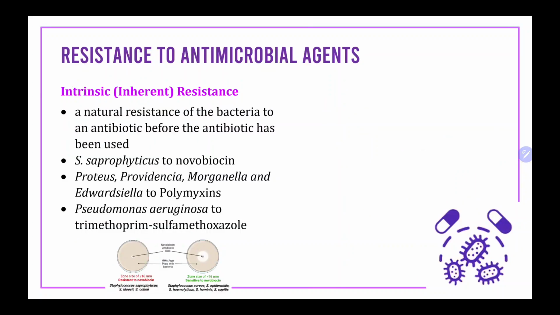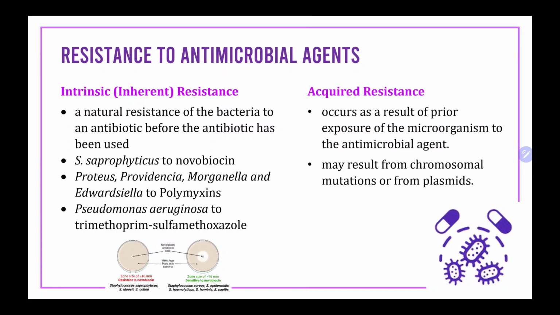Now, so much on the mechanism of actions and the types of antimicrobial agents. Let's now move on and discuss the two types of resistance of antimicrobial agents. You have your intrinsic and your acquired resistance. When we say intrinsic or inherent resistance, this means that it is a natural resistance of the bacteria to the antibiotic.